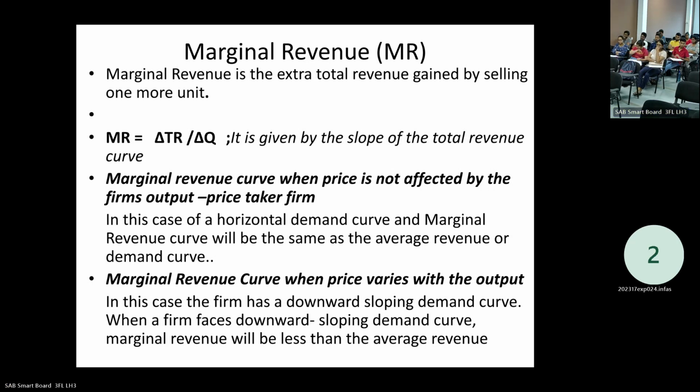So price into quantity, d(PQ) over dQ. To differentiate the total revenue function will give the price of the product. So that is delta TR over delta Q. Is it correct? Can you understand what I said?